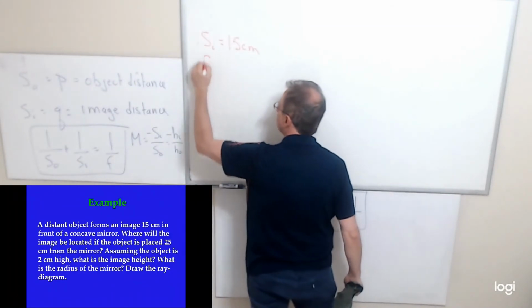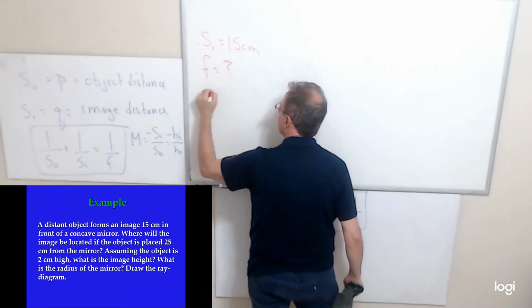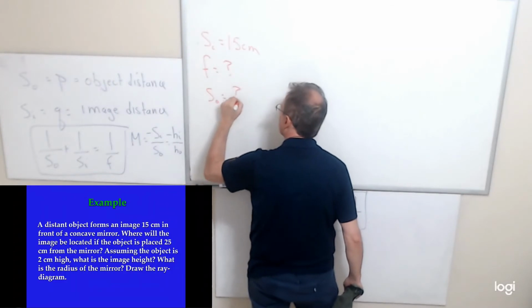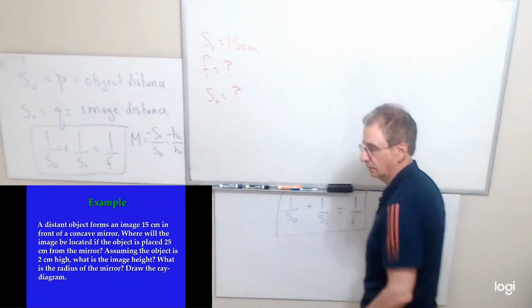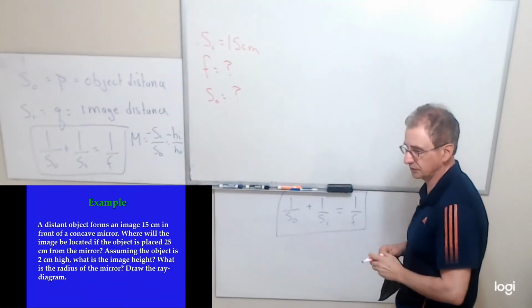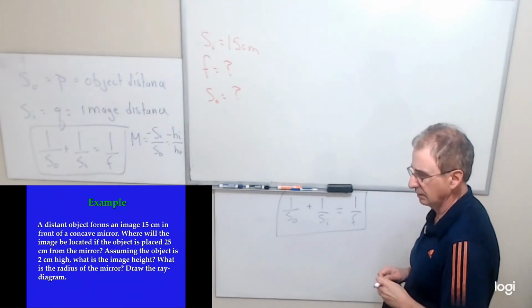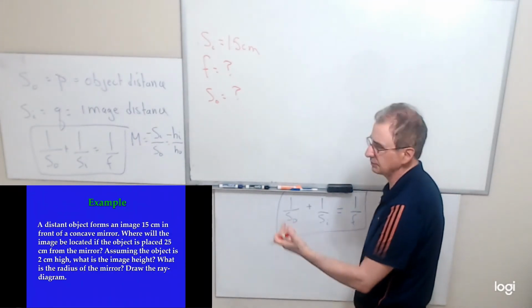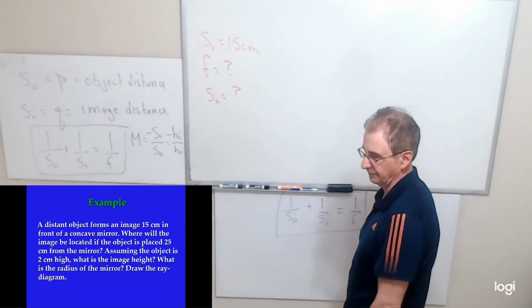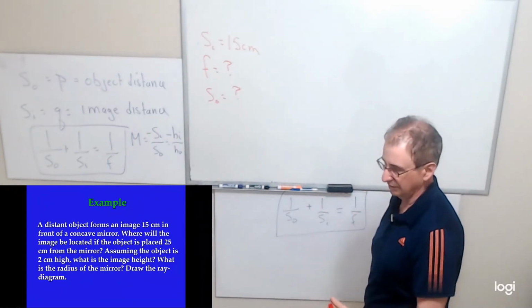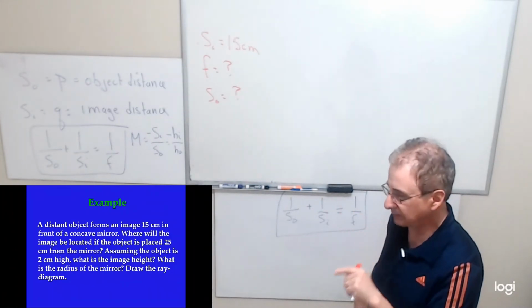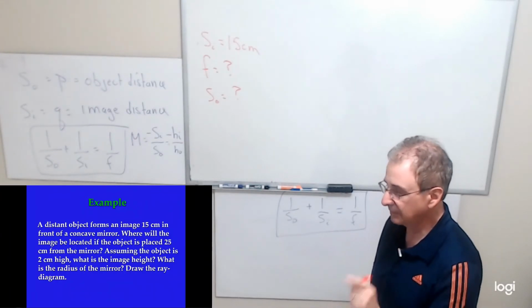We don't know F. Or do we know S naught? Well, how am I going to be able to solve this? I don't know the object distance. Actually, I do, because it says in the problem, a distant object. What does distant mean? It means it's really far away.